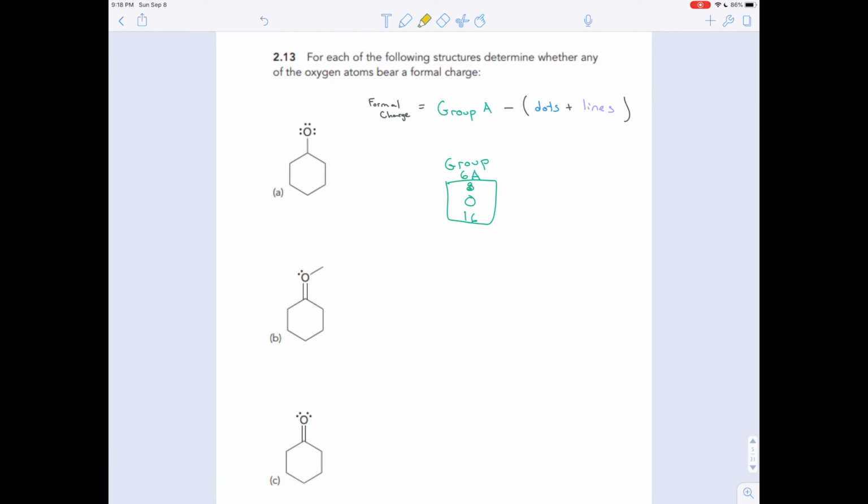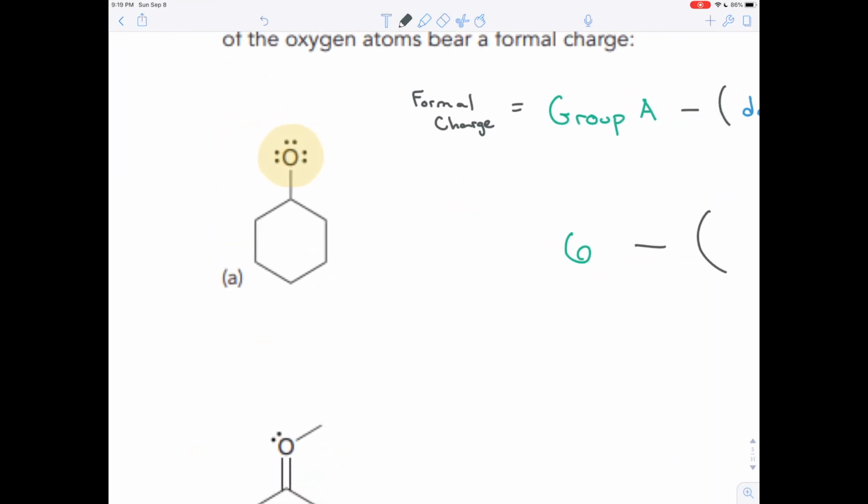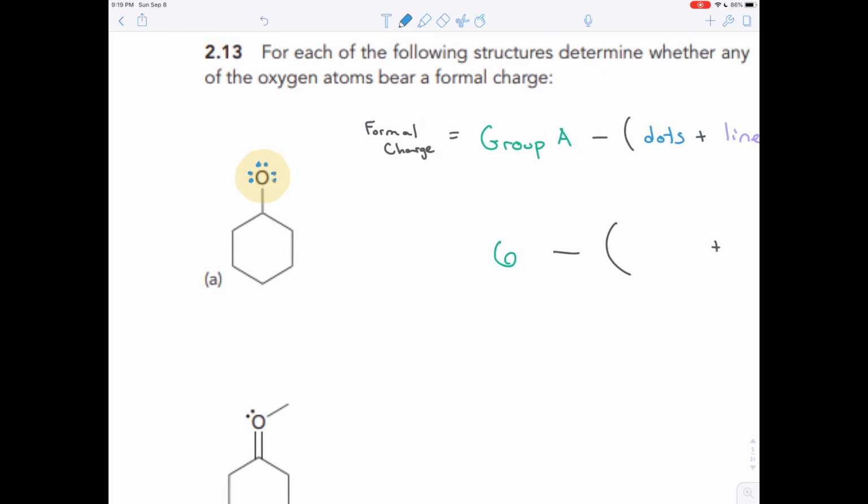Now since we're only interested in oxygen in these problems, the group A number is always going to be 6 for these. Let's start with this first one. We see our oxygen here. It's in group 6A, so 6. Then we're going to subtract the dots and the lines around it. We see that there are 1, 2, 3, 4, 5, 6 dots.